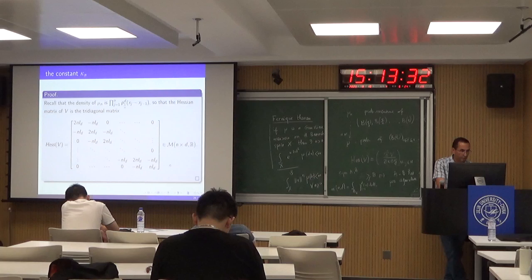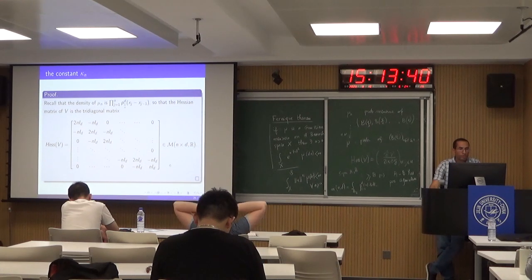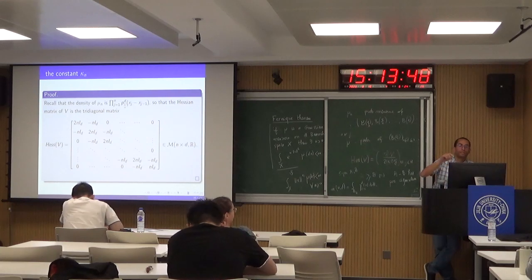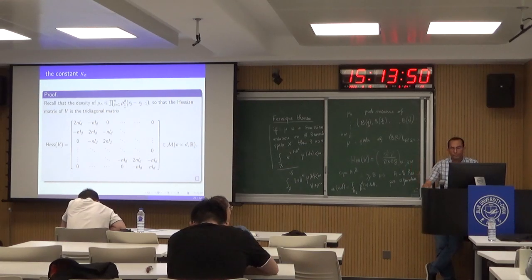It's a good exercise of matrix, some linear algebra. So we recall that the density of mu n is given by this product, and we can derive easily that this product can be written as exponent of minus something. And we can derive the Hessian of that expression.